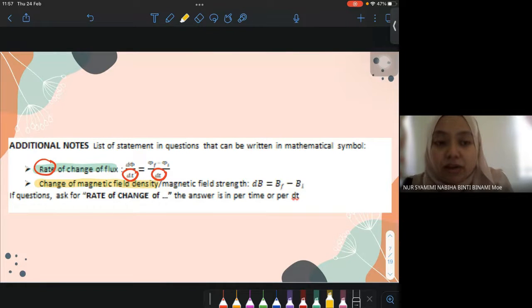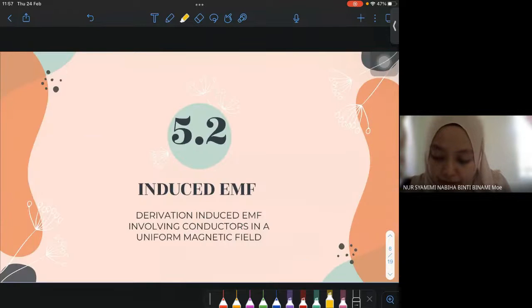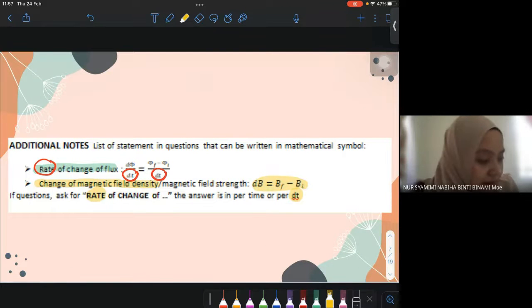Kalau change sahaja, you tak perlu bahagikan dengan time. You perlu final tolak ini sahaja. Okay, so kalau rate, mesti over time. Okay, right. So up until that, ada soalan? Ada soalan ke tak ada soalan?